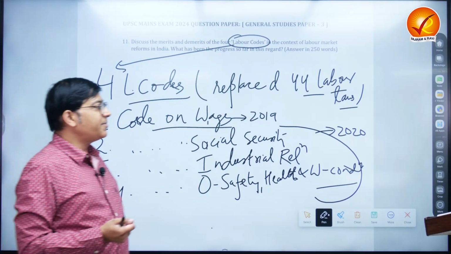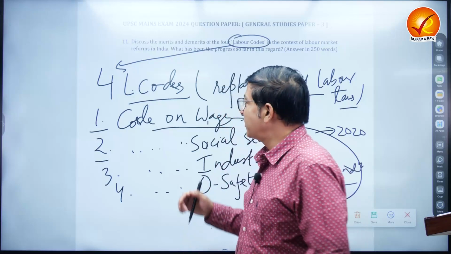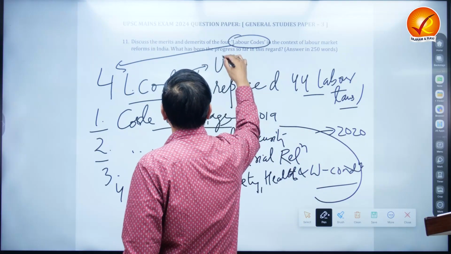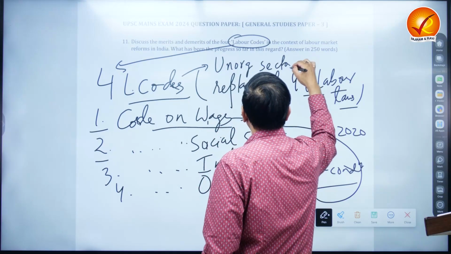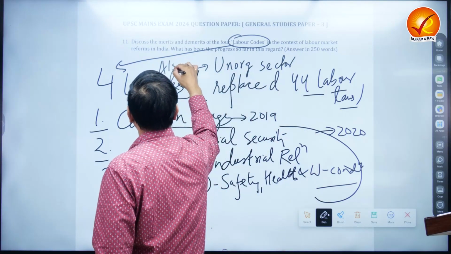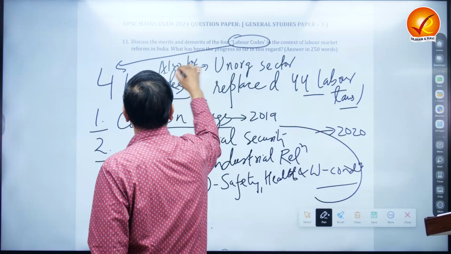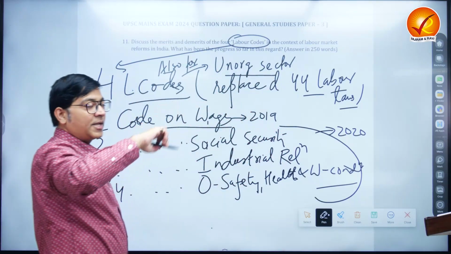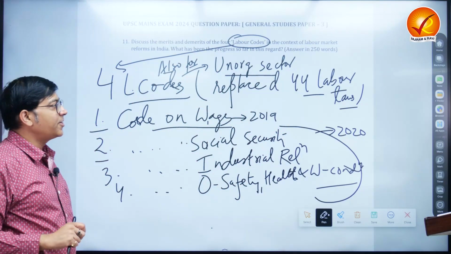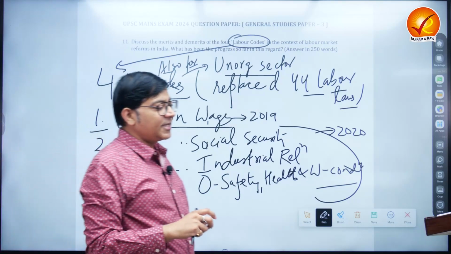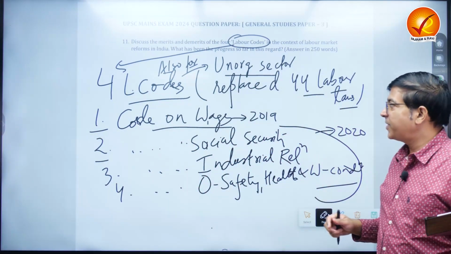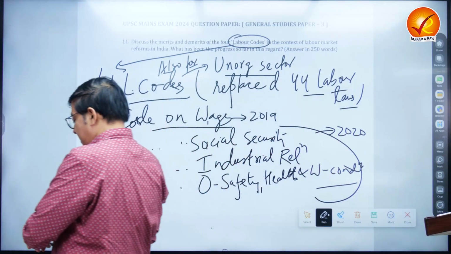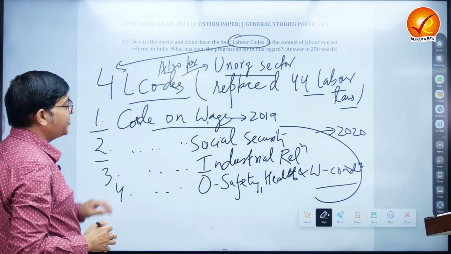One more claim of the government is that these labor codes also benefit the unorganized sector, although this is somewhat debatable. Labor codes are still fundamentally more for the organized sector compared to the unorganized, but still the government claim has been similar to that.